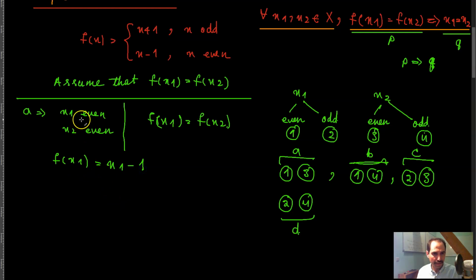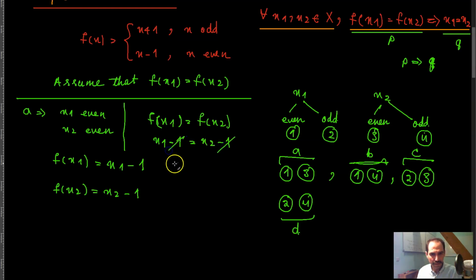And since x2 is also even, f of x2 is again x2 minus 1. Now since I'm saying that f of x1 is equal to f of x2, I can write x1 minus 1 is equal to x2 minus 1.